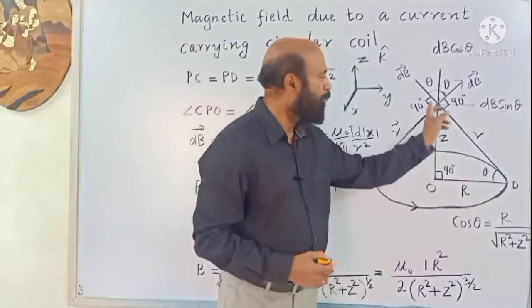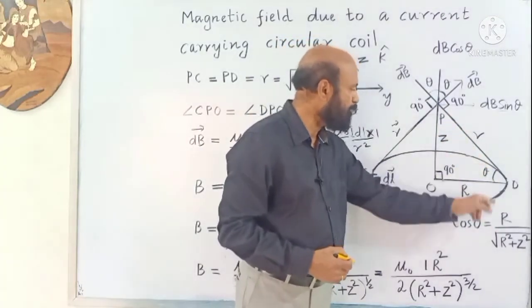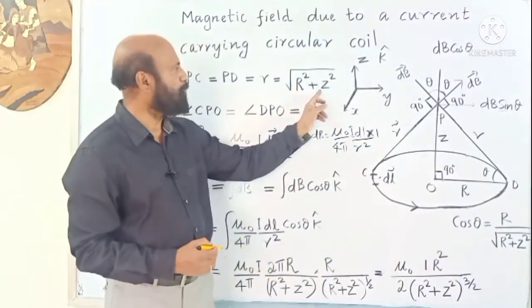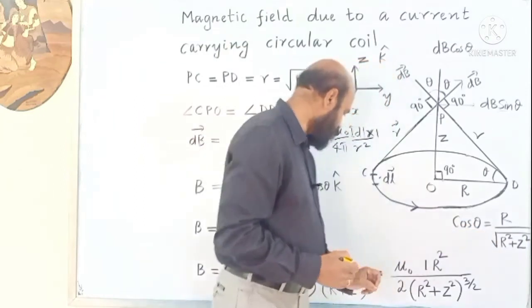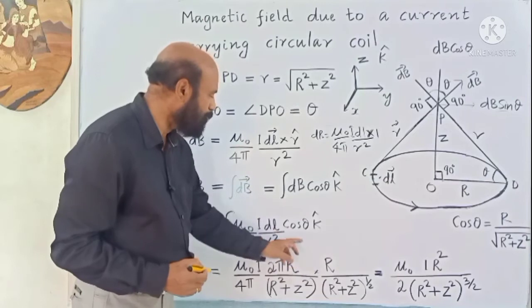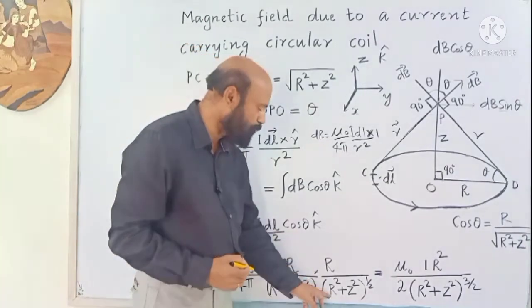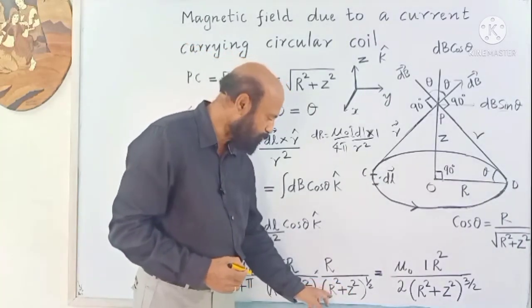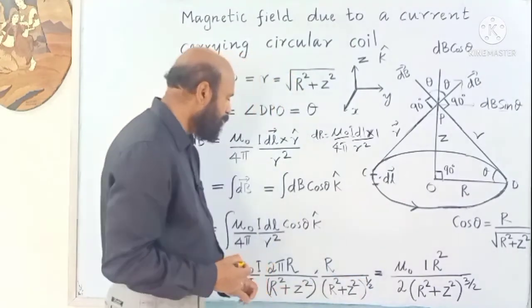The adjacent side is R, the hypotenuse is small r, and small r is the square root of capital R square plus z square. So for cos theta we can substitute R divided by the square root of R square plus z square, which can be written as R square plus z square all raised to half.